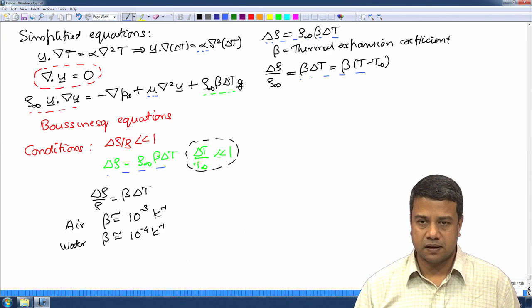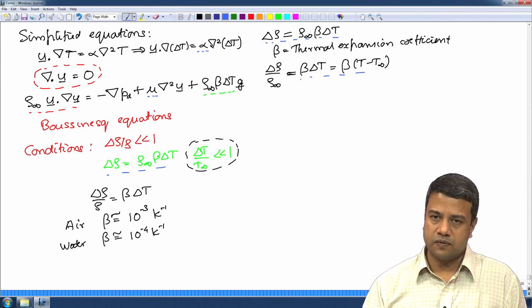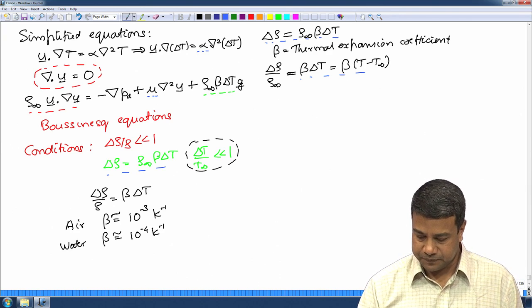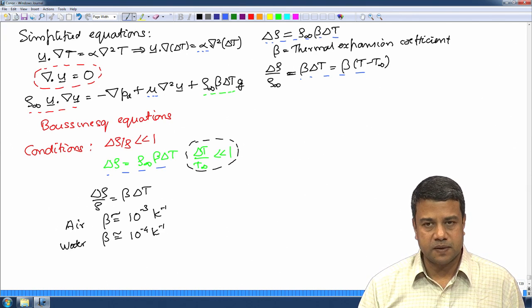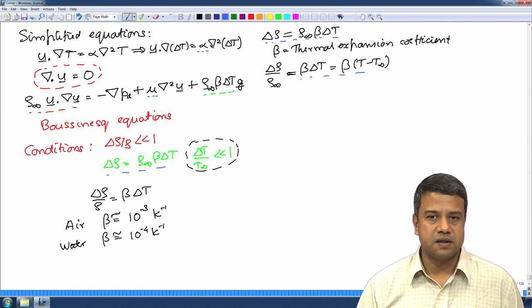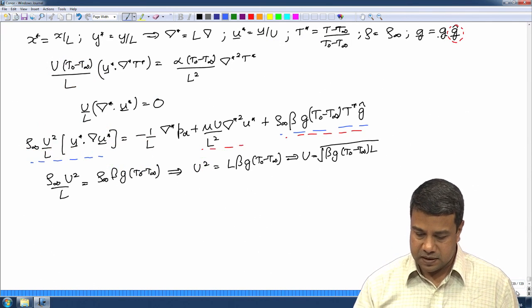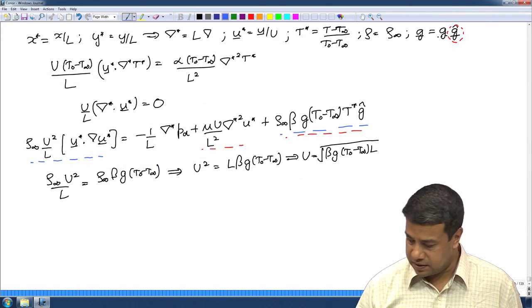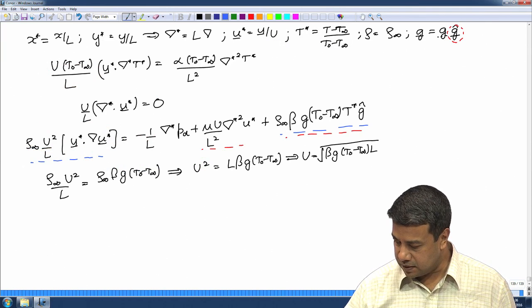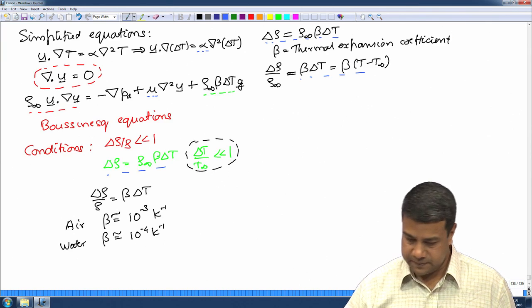However, it has to be taken into account in the body force, because without that there will be no force driving the flow. The linear approximation is valid so long as the temperature difference is small compared to the absolute temperature. Under those constraints, we had derived a set of equations, which we had called the Boussinesq equations.